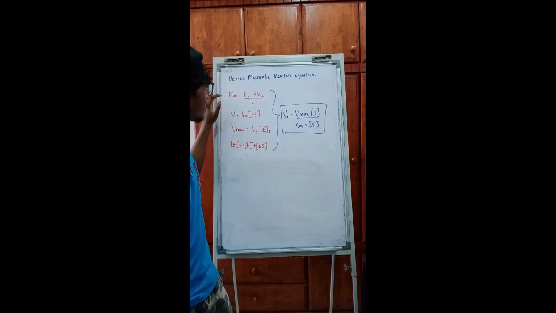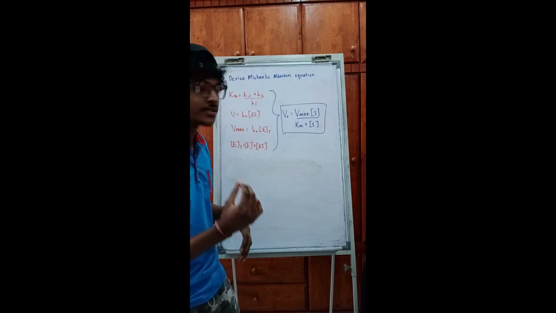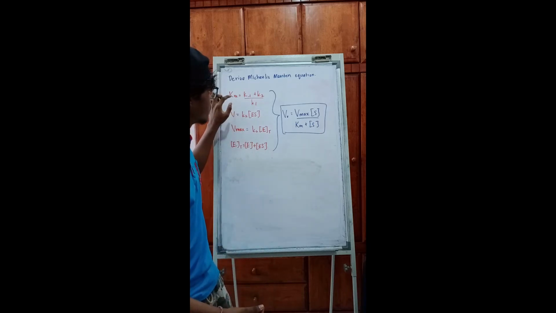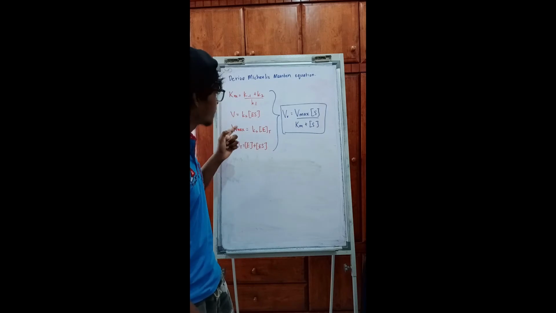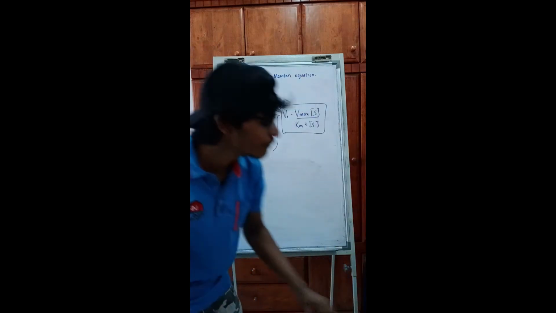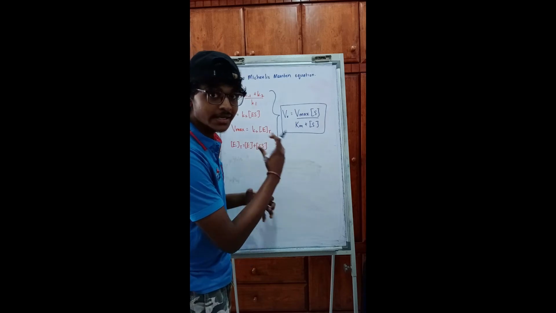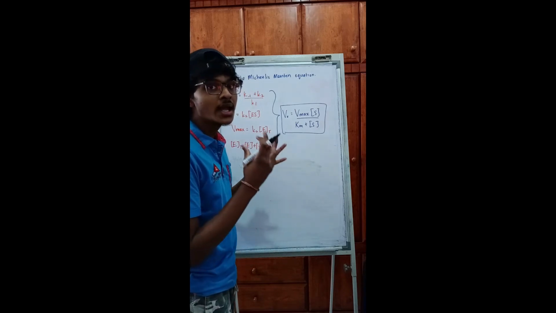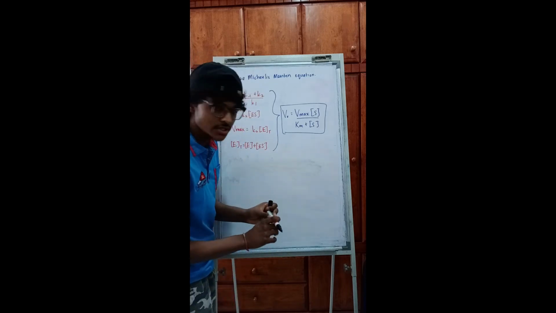This one is Km, known as the Michaelis-Menten constant. The Michaelis-Menten constant equals (K-1 + K2) divided by K1. What is this? We have to see the equation of enzyme reacting with substrate and forming enzyme substrate complex. So this is how the equation looks.